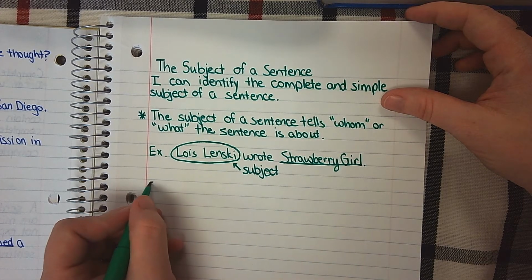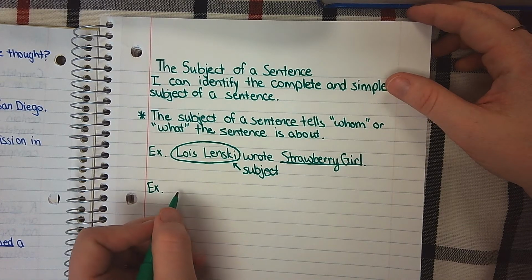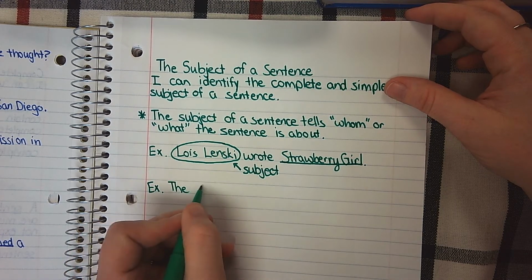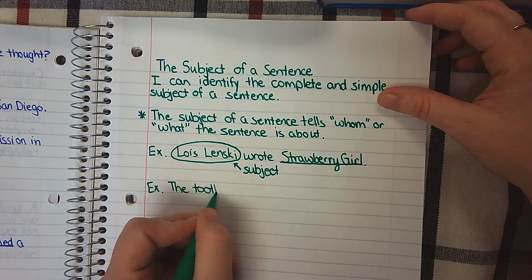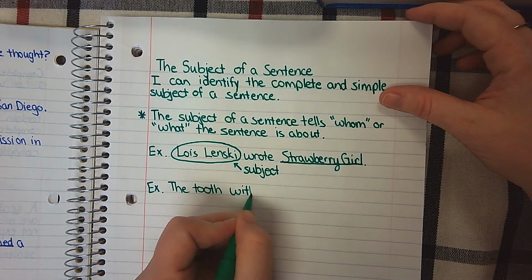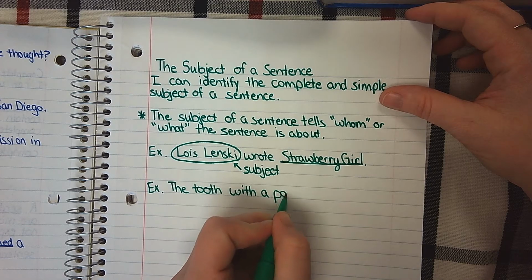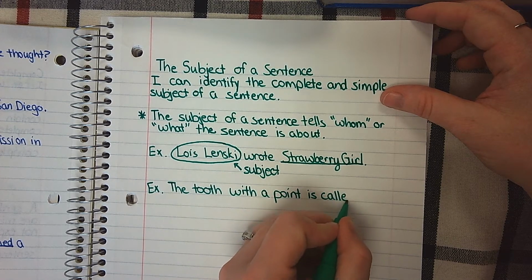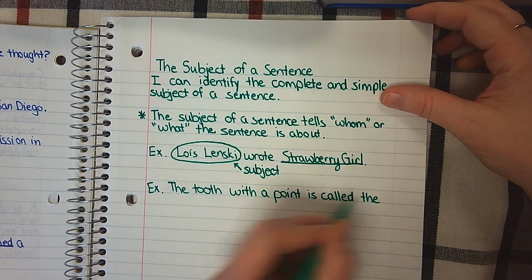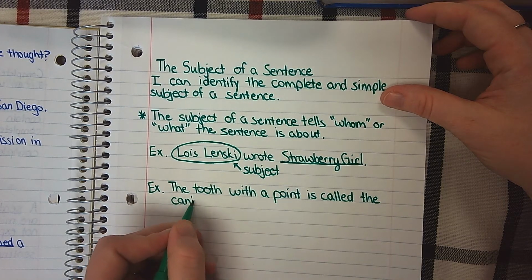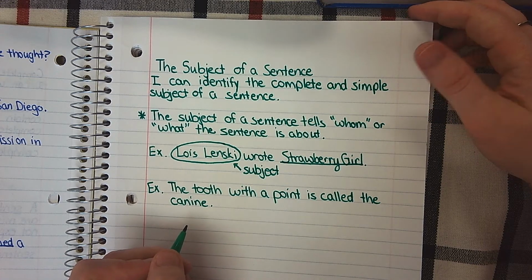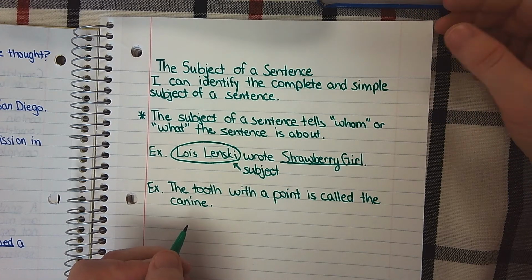Let's do another example. Here is a complete sentence. The tooth with a point is called the canine. Again, we ask who or what our sentence is about.